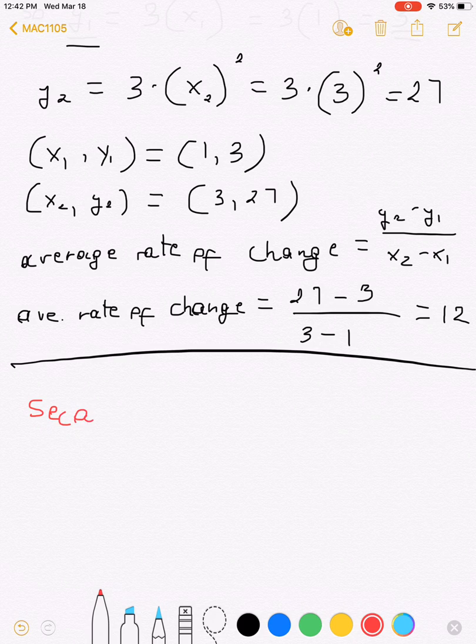Secant line. So let me just write this down for you guys, and then I will explain. Okay.